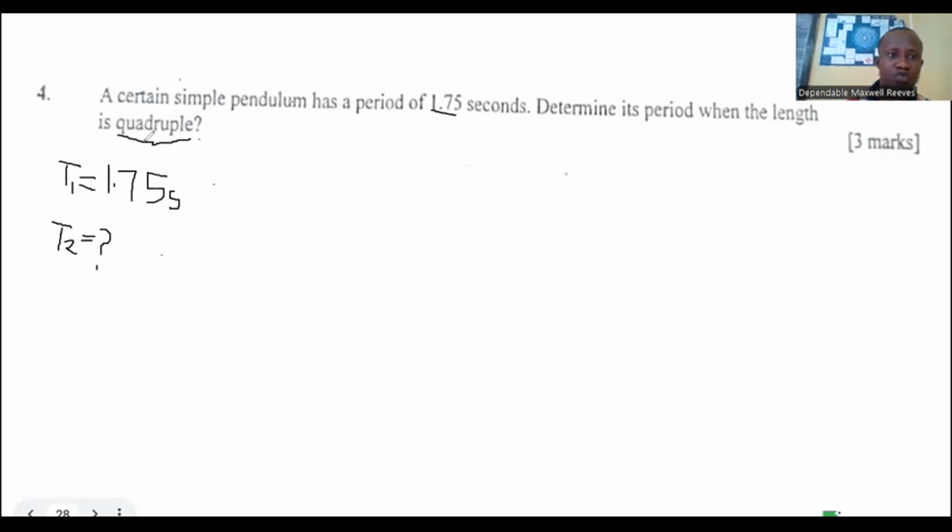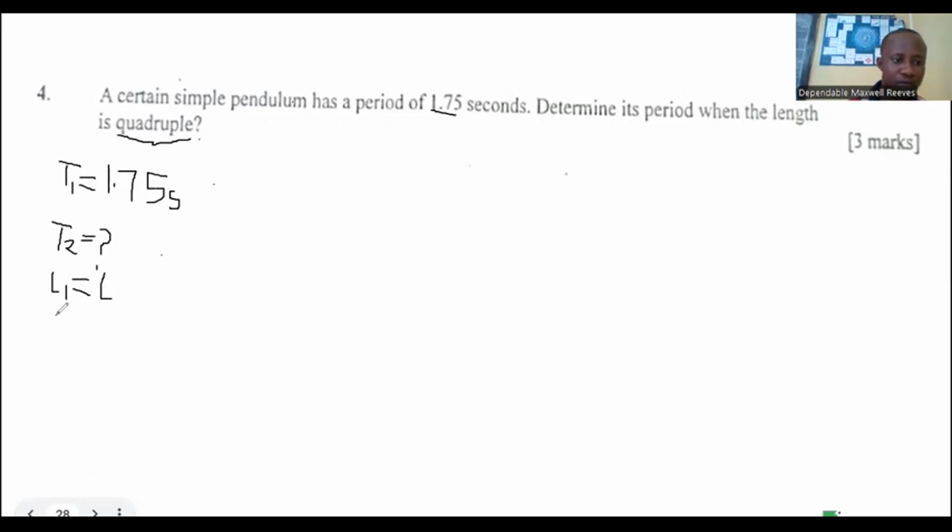Because when the length is quadrupled, L1 will be equal to L, and the new length L2 is quadrupled. Quadruple means 4 times.